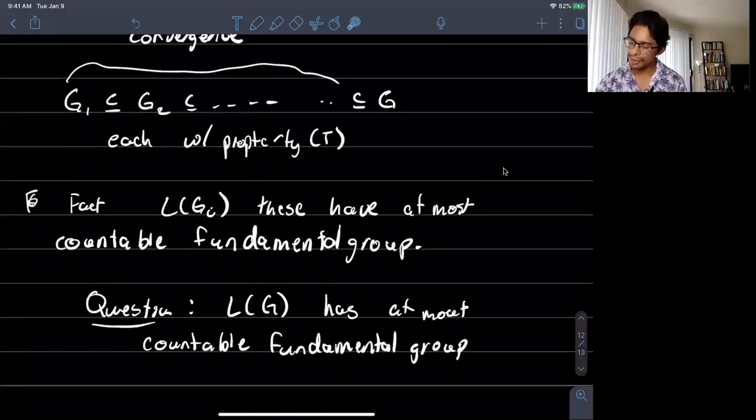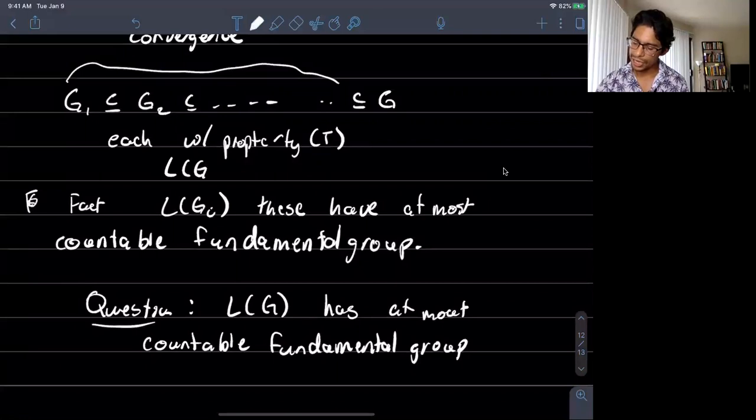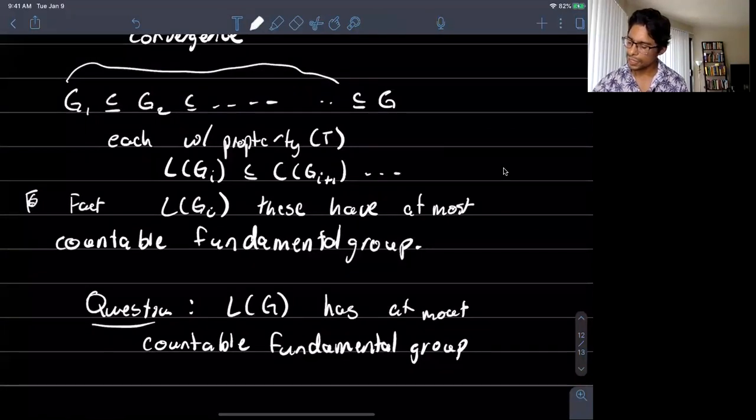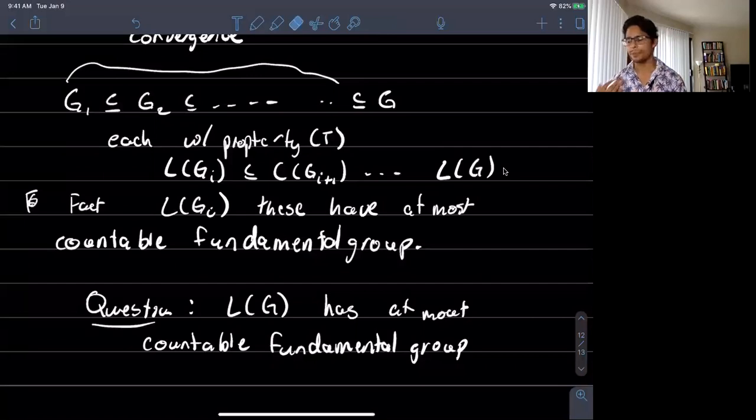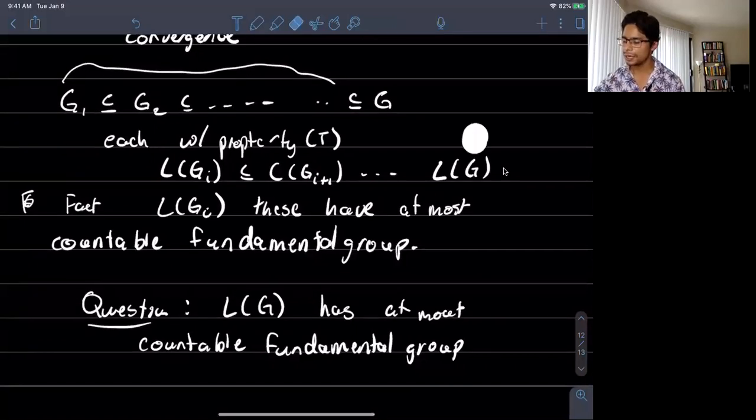So I can consider this increasing chain of rigid group von Neumann algebras, which increase up to this larger object. And I'd like to say, in what ways can I approximate the properties of this larger group up here by using these smaller building blocks that slowly approximate it.